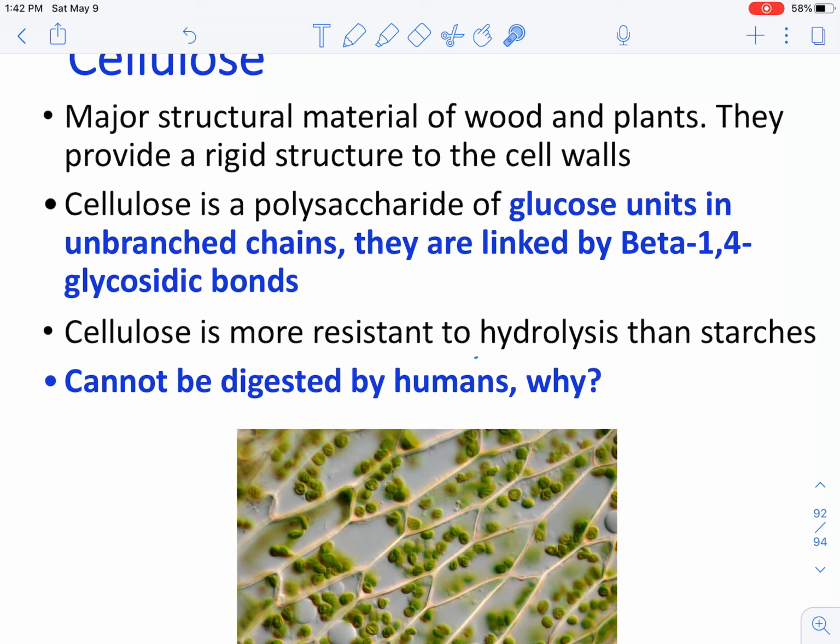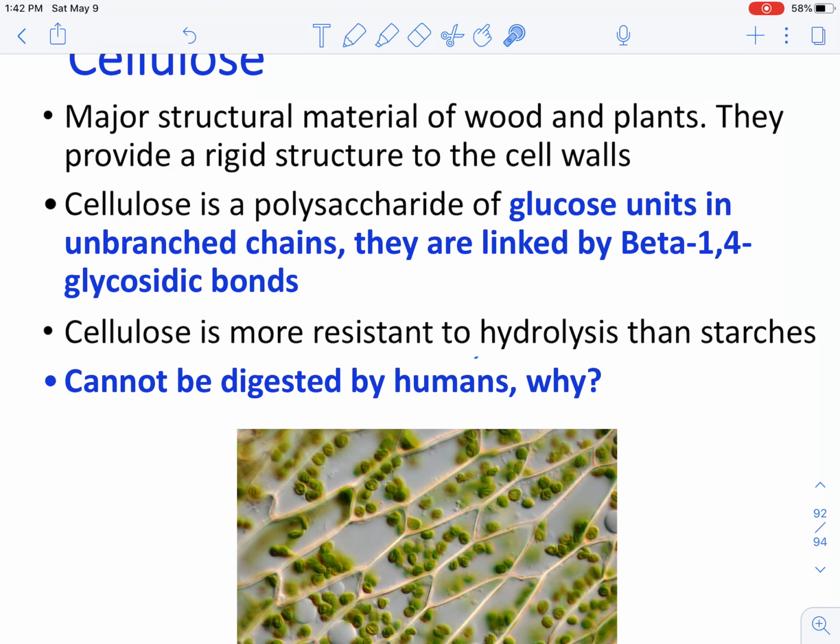And so glucose feels like a very diverse carbohydrate with many different functions. The function is going to be dictated by how those glucose units are bonded to each other.